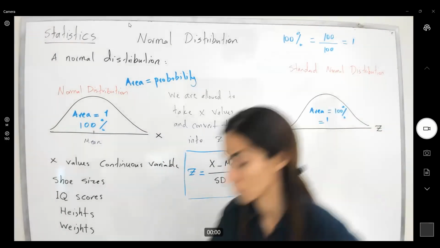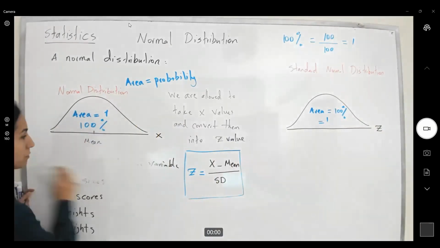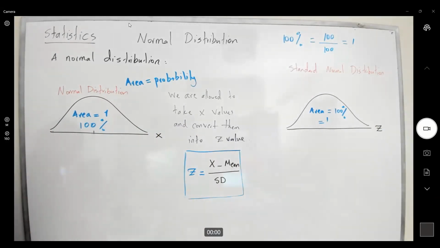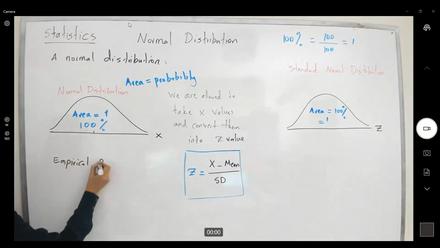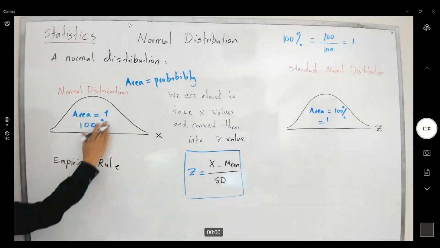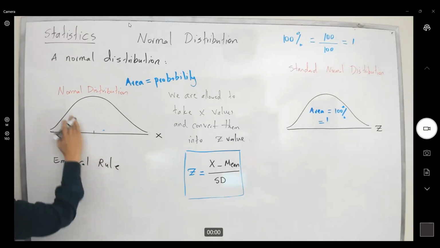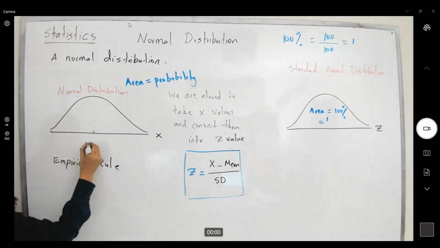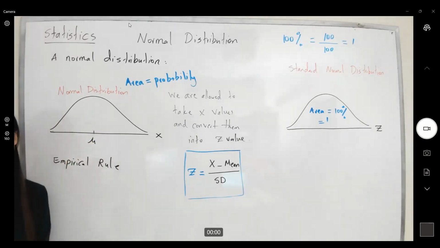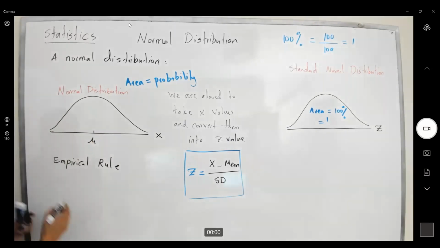So, from the empirical rule, we can divide up a normal distribution this way. The rule says that if you have a normal distribution, whatever the mean is, 68% of the data are within one standard deviation of the mean.